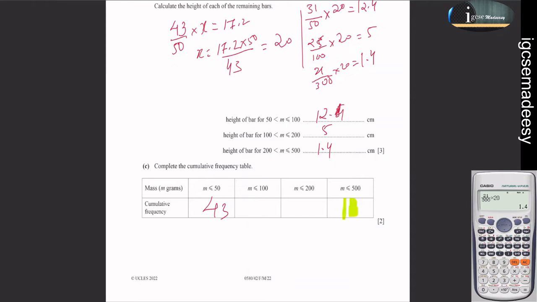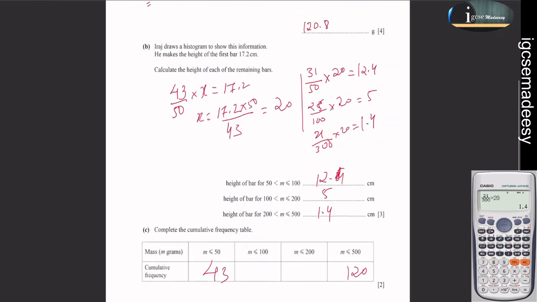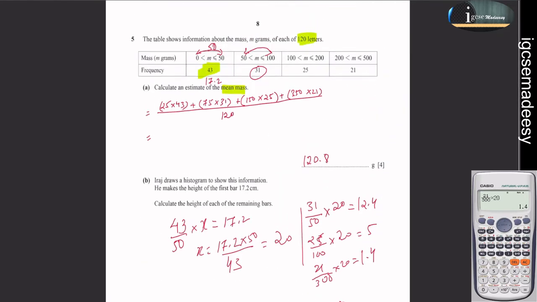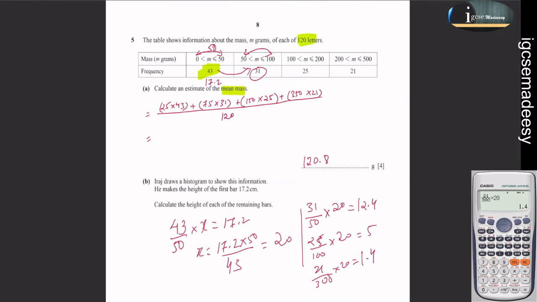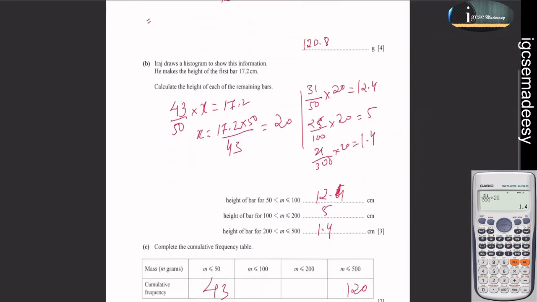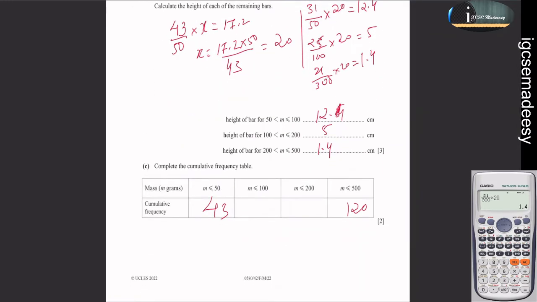Let's check whether we are getting the last value 120. The first frequency, 43, we add to the second frequency. 43 plus 31 is 74.